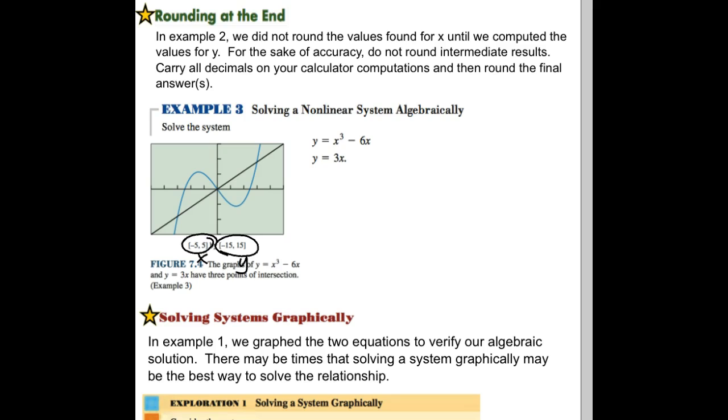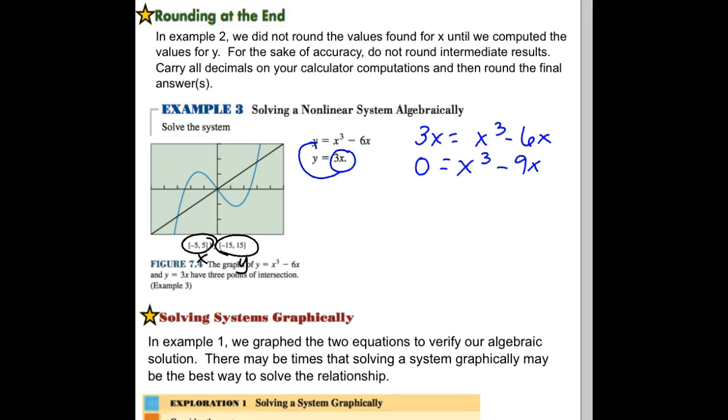If y equals x cubed minus 6x and y equals 3x, we can substitute this in here. So now we have 3x equals x cubed minus 6x. Let's get everything to one side. That would give us x cubed minus 9x equaling 0.